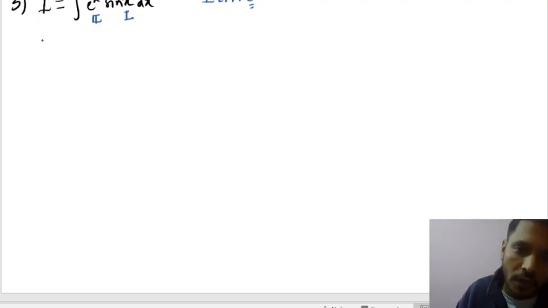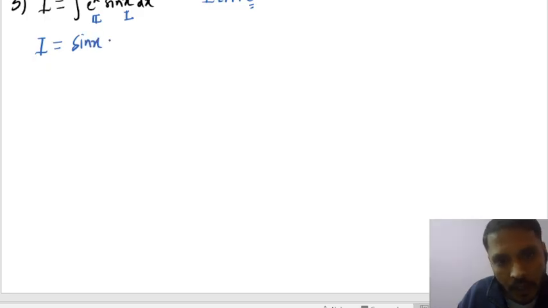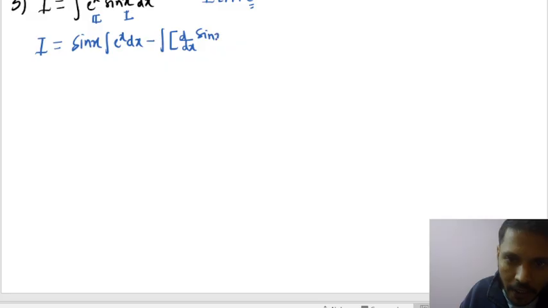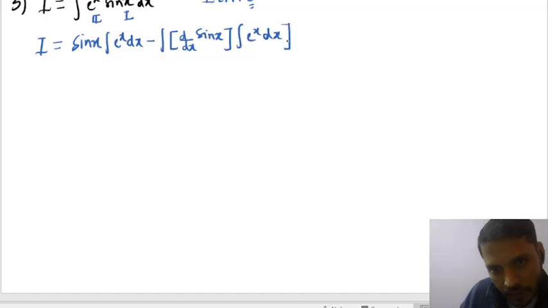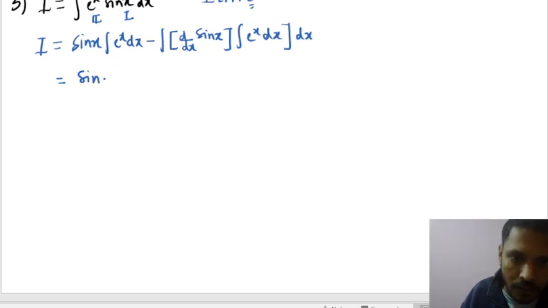So I is equal to the first function sin x outside, times the integration of e to the power x dx, minus integration of the derivative of the first function, d/dx of sin x, times the integration of the second function, e to the power x dx, and then dx. Now it is sin x and the integration of e^x is e^x.